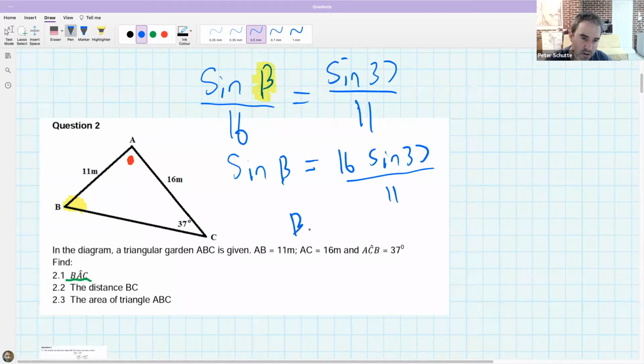And then I'd want to find what beta is. And then once I found what beta is, I can find what the other one is. Okay, so Amina, I think you're on the right track, guys. I'll get B in a moment for you. And then let's see if we can get what angle A is to go with that.